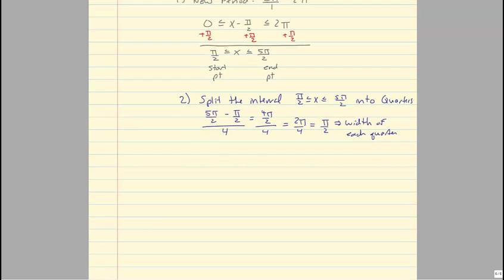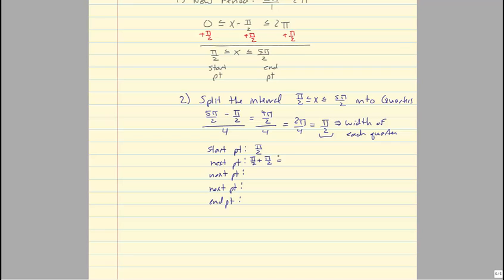Okay, so I have my start point. So my start point was pi over 2, and then I have 3 of these next points. And then I have my end point. Now the end point better be 5 pi over 2 if I'm doing this right. So my next point would be my start point plus the width, which is pi over 2.